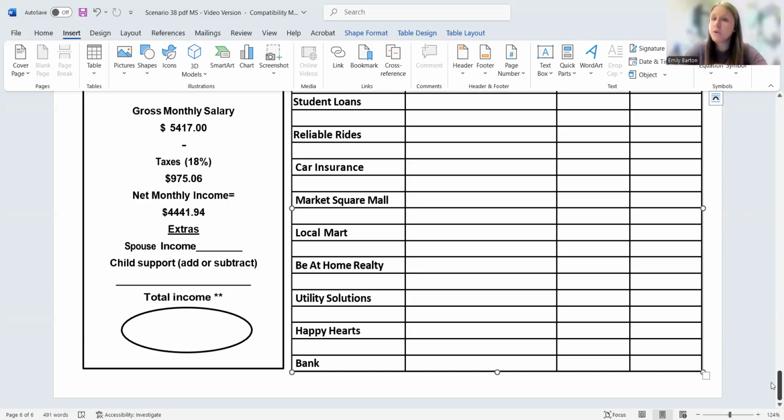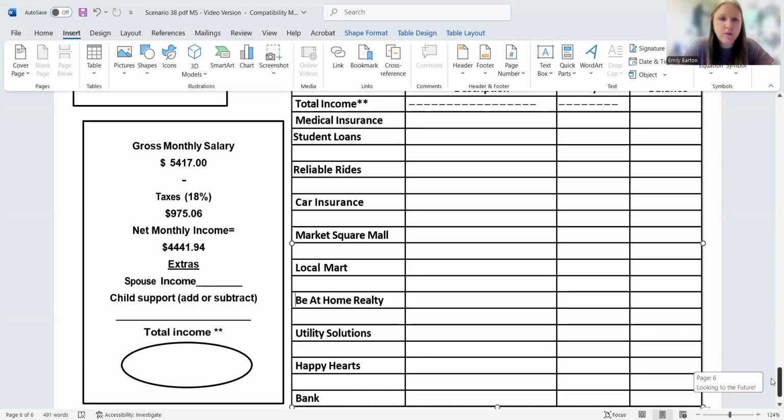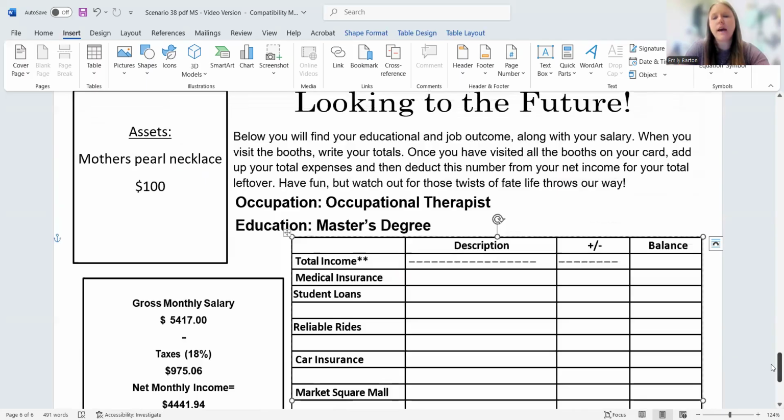Now, there are some things we are going to work through on your specific card to add on or subtract out for your spouse's income, your child support, and then get to the final total that you will have to use during your simulation. As we roll back up, you're also going to see this asset box in the corner. Mine says I'm going to have my mother's pearls.